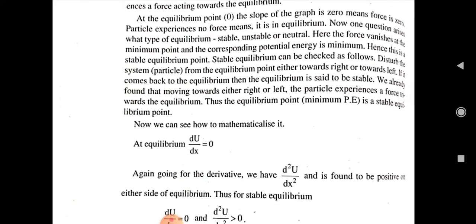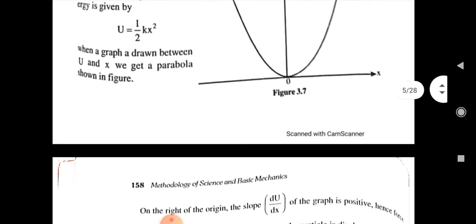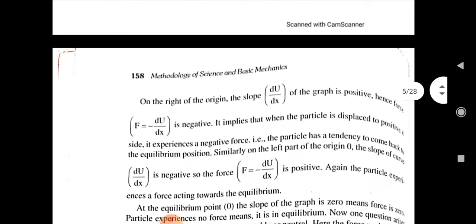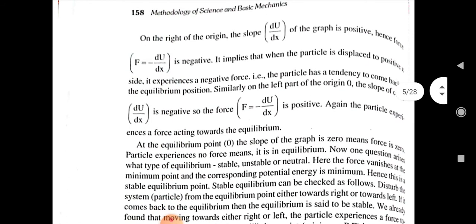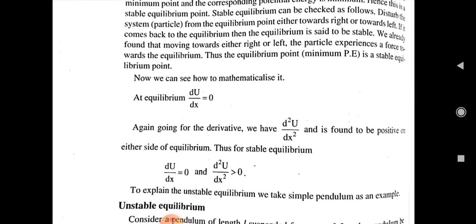When we draw a graph like this, at the origin, at equilibrium, we have du by dx equal to 0, no doubt in that. That particular point is said to be in stable equilibrium if du by dx is equal to 0.